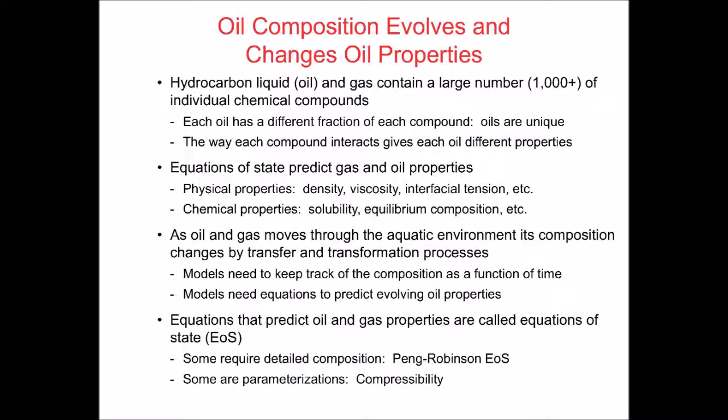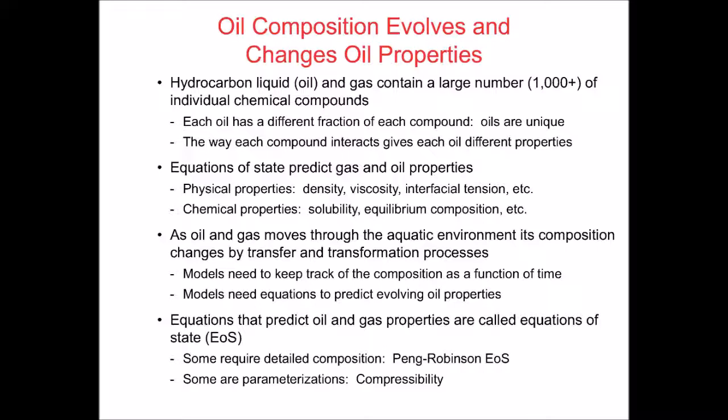The more complicated, not as complicated as possible, but one of the more complicated methods is the Peng-Robinson equation of state, which I'll talk a little more about in a moment, where we try to write down as best we can the components in this mixture and then track their properties and how they influence the oil and gas properties.